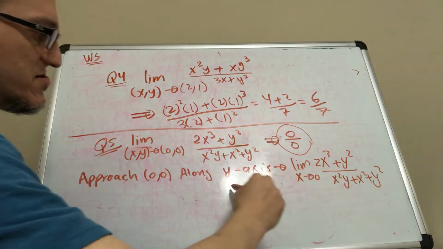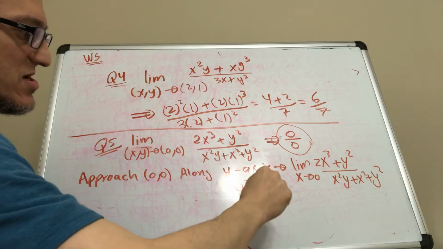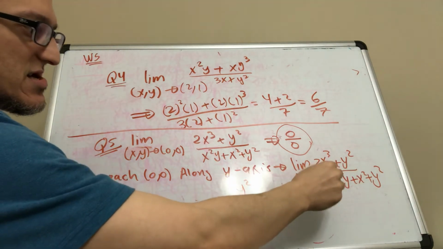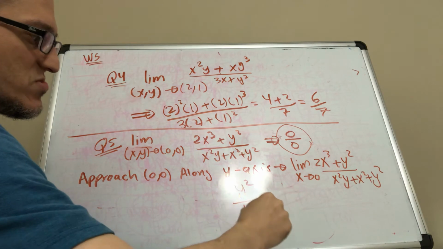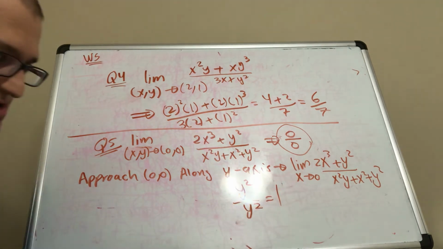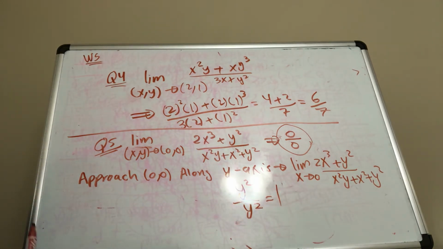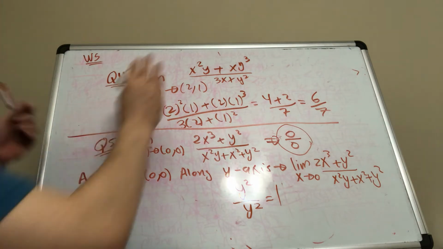If you plug in 0, that would be y squared, because that cancels out, over y squared. The answer would be 1. I'll erase some of the top part.